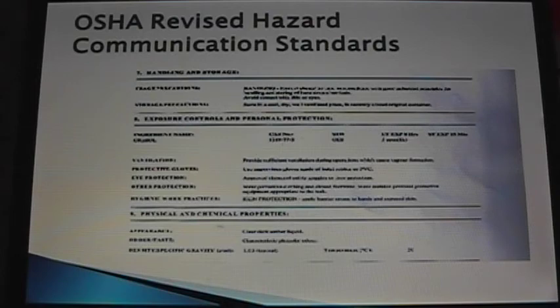In exposure controls and personal protection, it talks about ingredient names in Lysol. It talks about needing sufficient ventilation, gloves, eye protection if you think it's possible to get it in your eye. Also talks about wearing protective clothing and closed footwear.